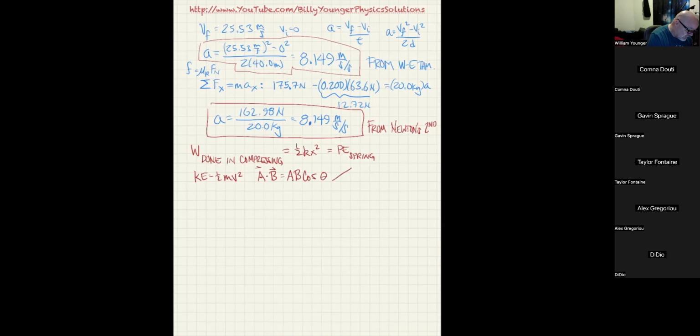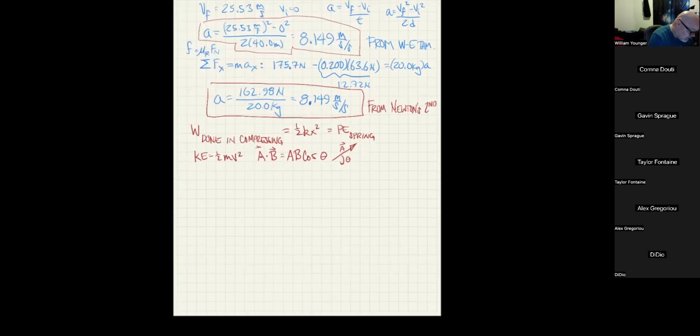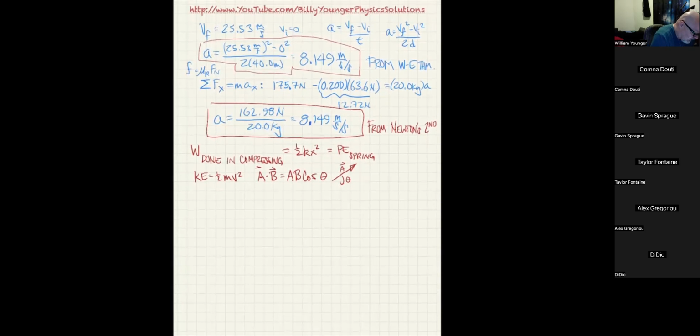But if you're going to use that equation, it has to be accompanied by a diagram to make some sense of what it means. And the sense is that if you have the two vectors A and B tail to tail, then theta is the small angle between them.